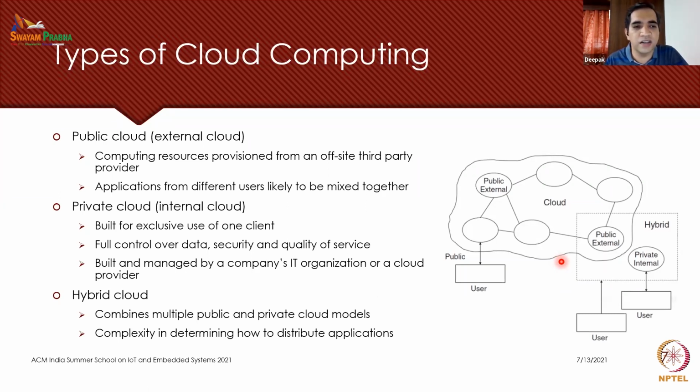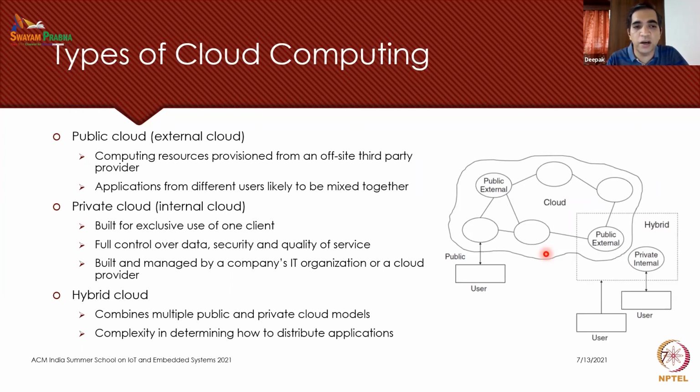In the public cloud, every service or resource that you're trying to access is remote. It's an external cloud, so it's not part of the setup where the user is located.